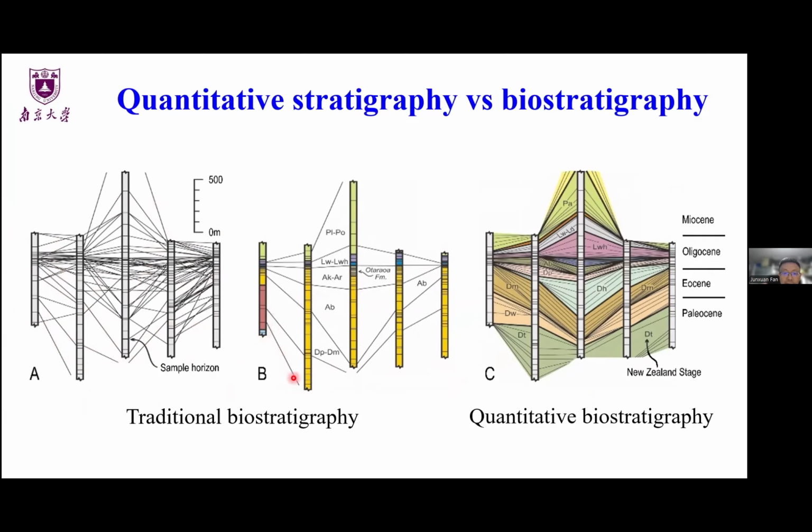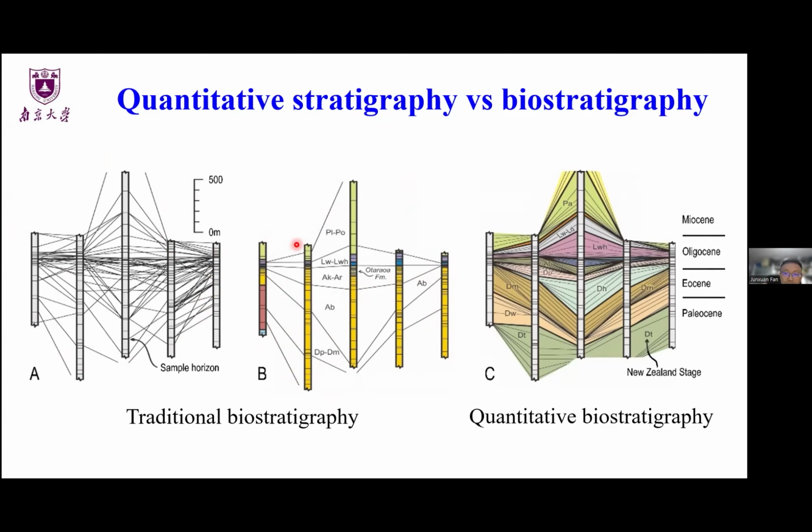So we take them as index fossils and use them to establish a biozonation for this study area and interval. That's why the temporal resolution decreases from the raw data to only 1 to 10% after traditional biostratigraphy, because we only pick up 1 to 10% of the taxa to establish a correlation.